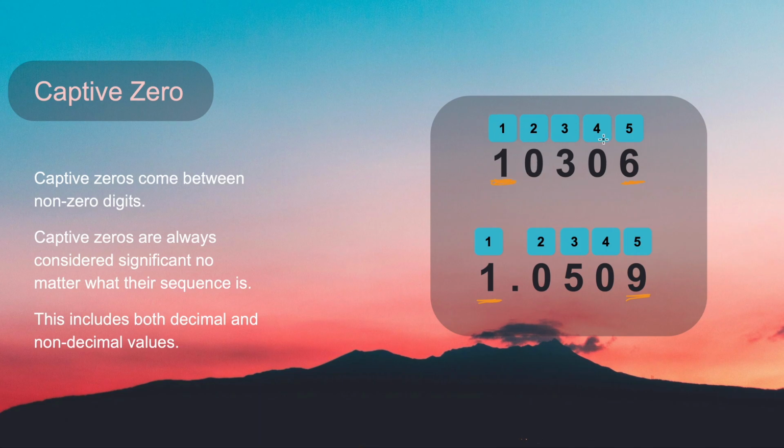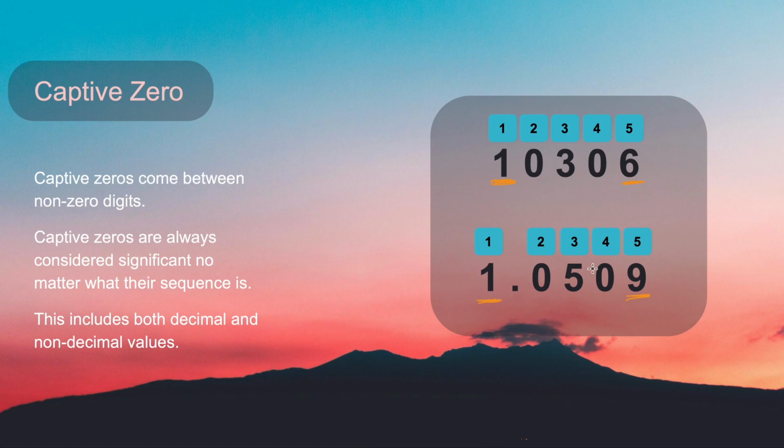So there are 5 significant figures here, 1 2 3 4 5, and here we also have 5 significant figures, 1 2 3 4 5. So simple: as long as they are inside the non-zero digits, they will all be considered significant no matter what their sequence is.